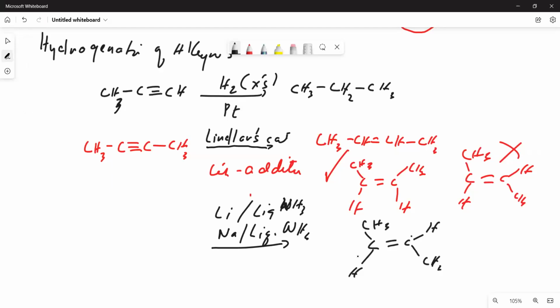So therefore, if your reactant is an alkene and you use Lindlar's, there is no reaction. If you use sodium in the presence of liquid ammonia and your reactant is an alkene, again, there is no reaction, because these 2 reagents will react only with alkynes.